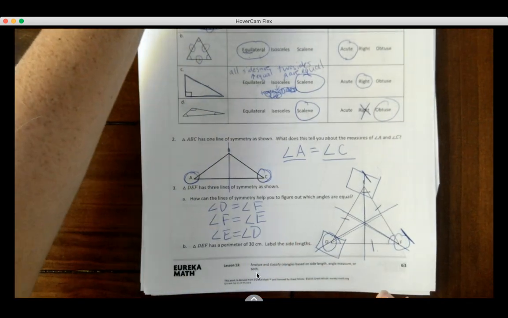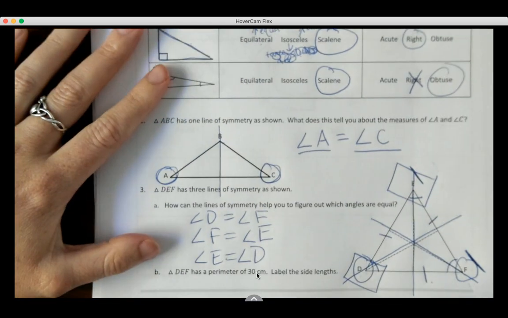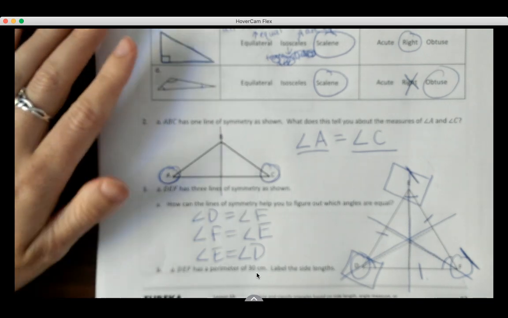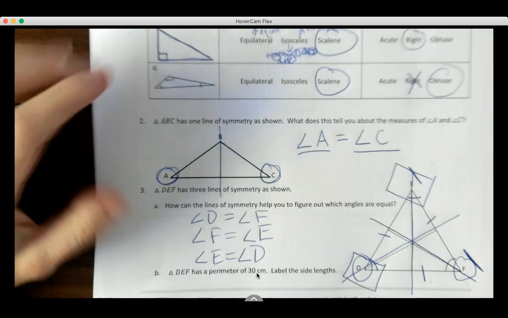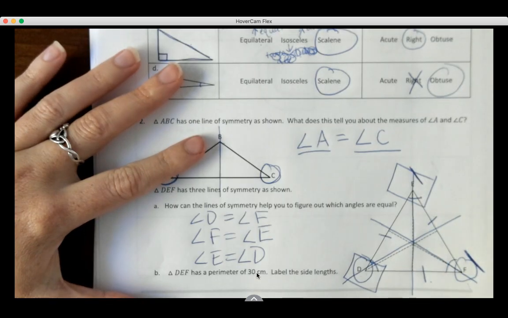Now for our last problem, it says B. Triangle DEF has a perimeter of 30 centimeters. Label the side lengths. So the whole perimeter is 30, then what should each side have?